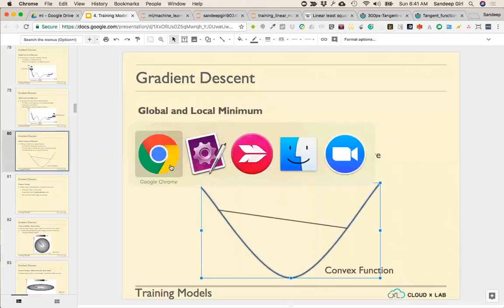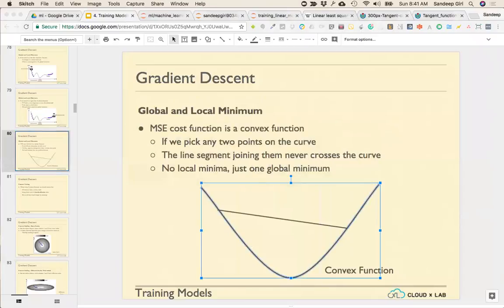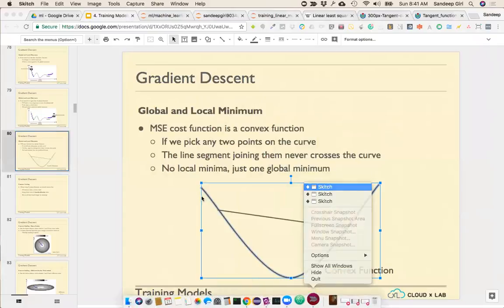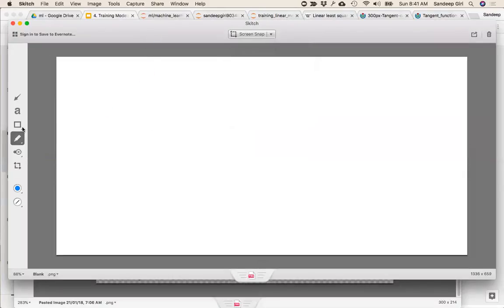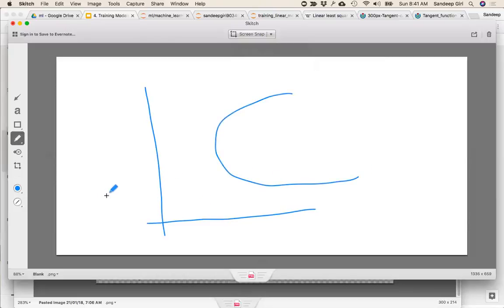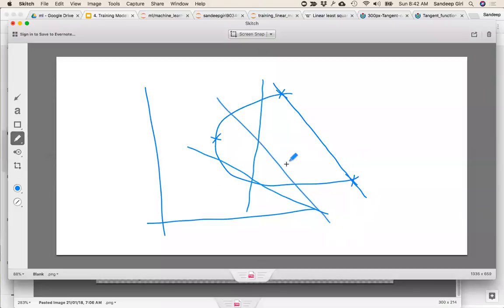If you draw some curve like this, here also, if we take any two points, whether this or this or this, and draw a line through them, none of these lines is intercepting the curve more than twice. These lines are intercepting the curve only once. So that's how you can generally visualize this.